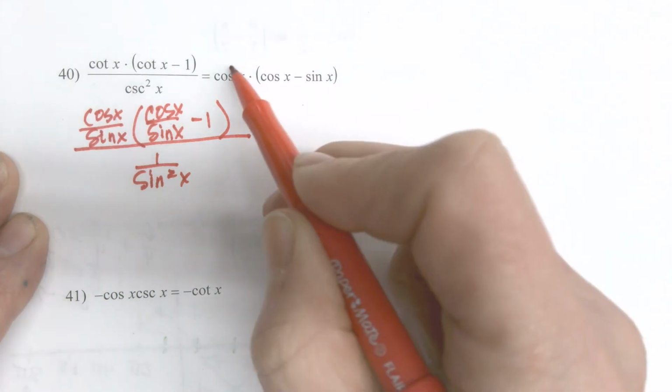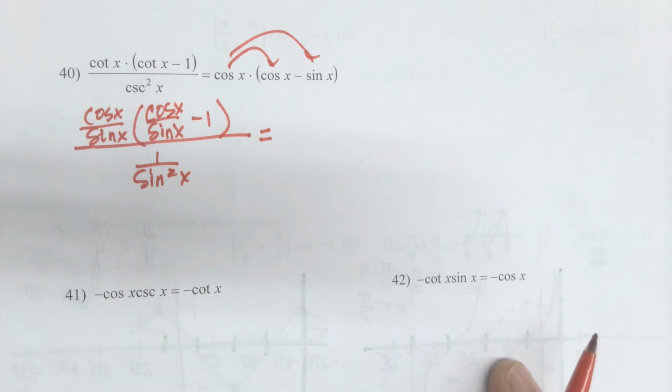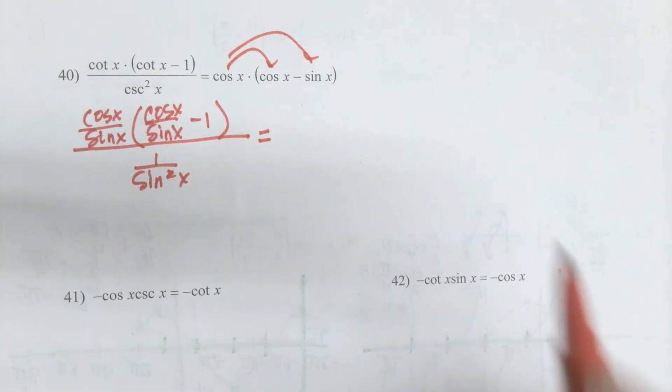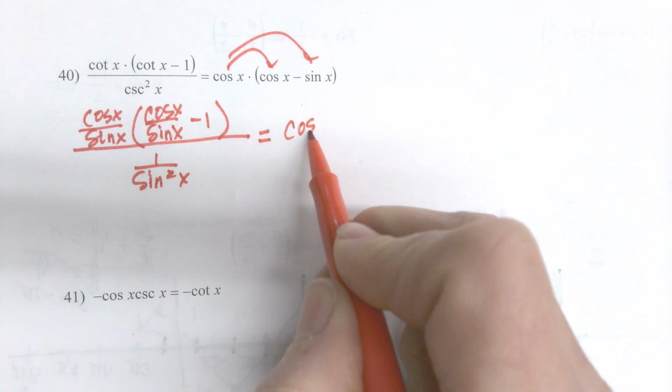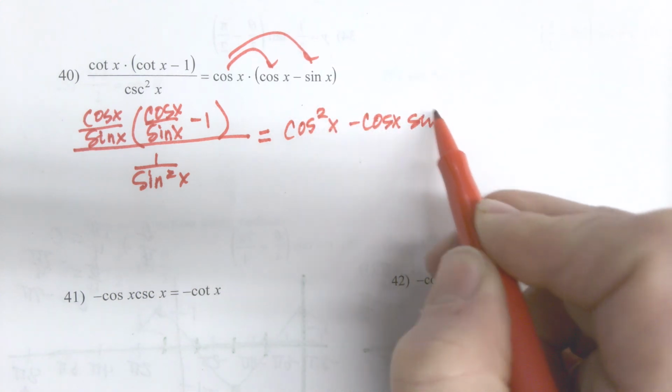On the other side, I'm going to distribute this through right away because I can. So I would write that as cosine squared x minus cosine x sine x.